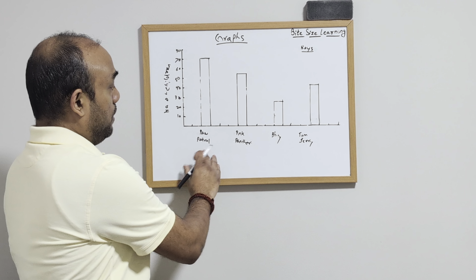Now let's add another piece of data, about the girls. Let's say 60 girls watch Paw Patrol. This is girls, to differentiate between the data for boys and girls.